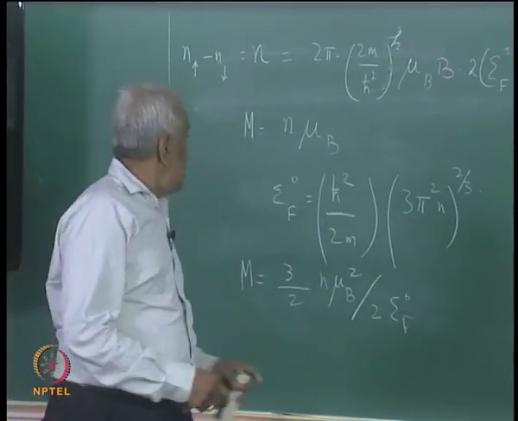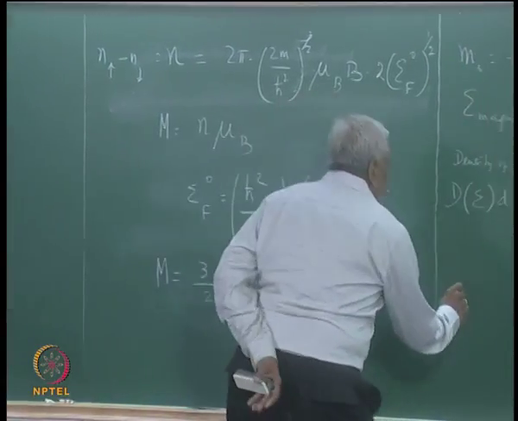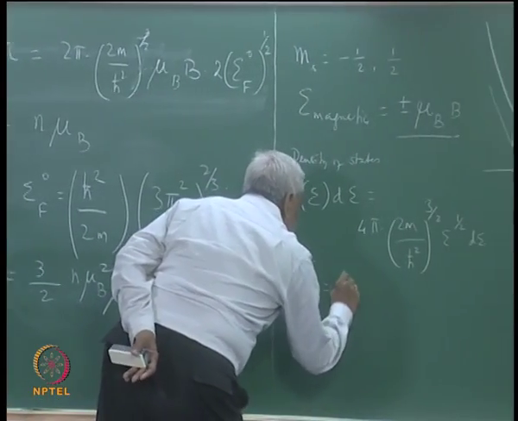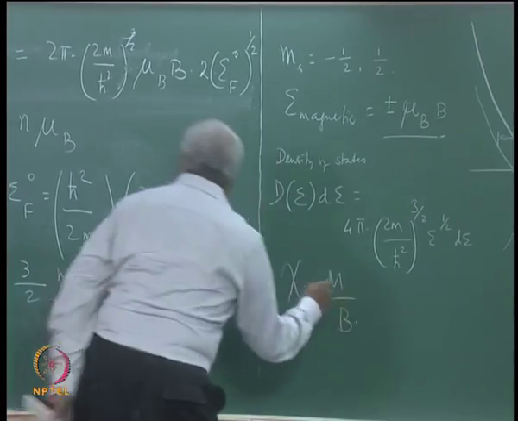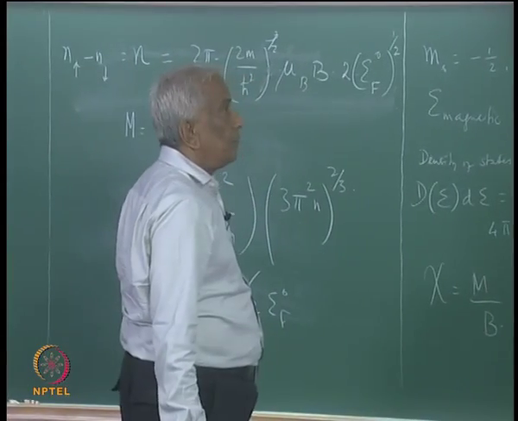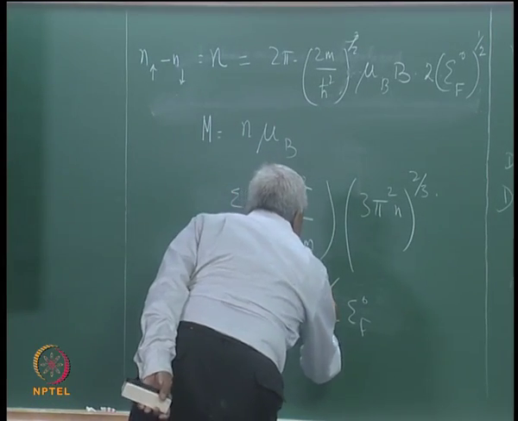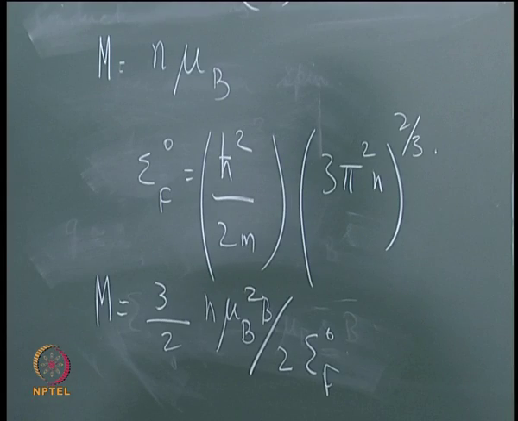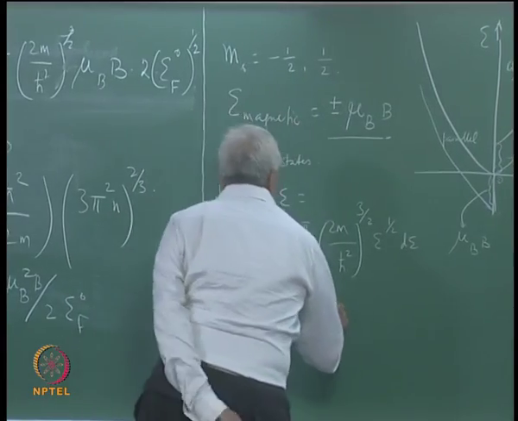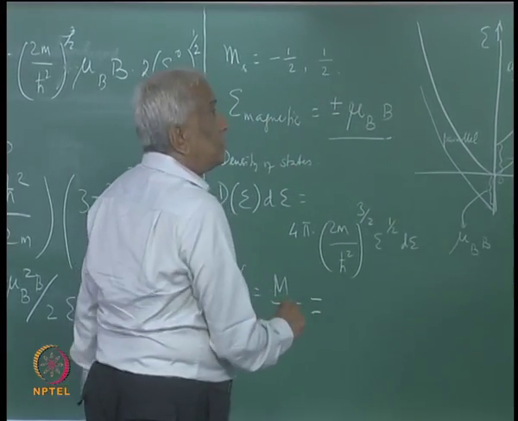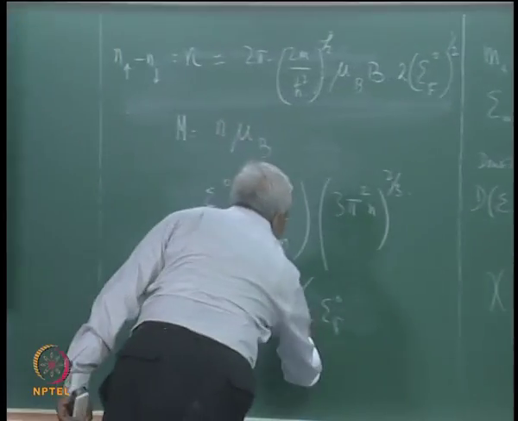and therefore, the susceptibility is just M by B times B. So, this susceptibility turns out to be this.